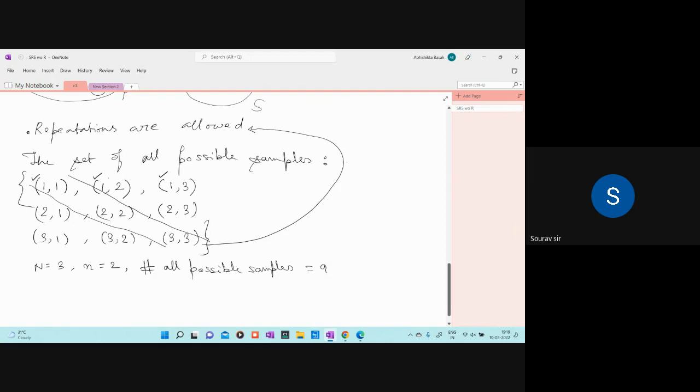So basically, in general, the number of all possible samples for SRS WR is capital N to the power small n.